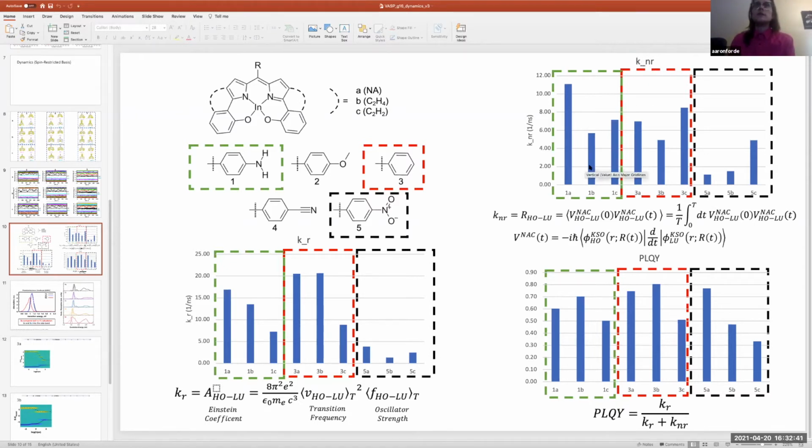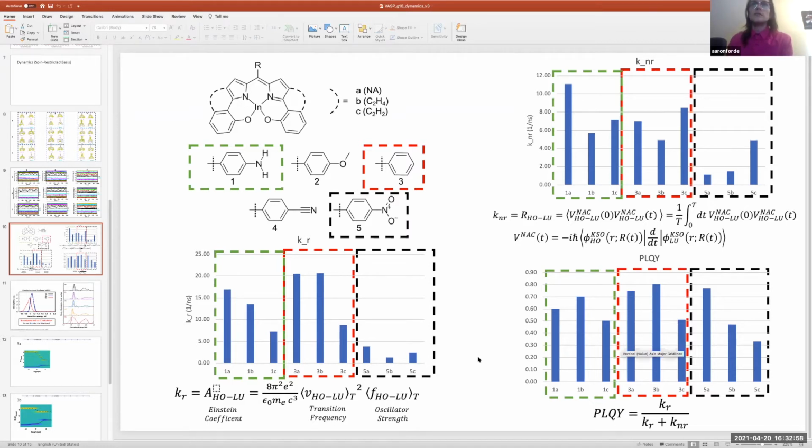Bottom left is the radiative relaxation rates, and those are averaged over the trajectory as well.